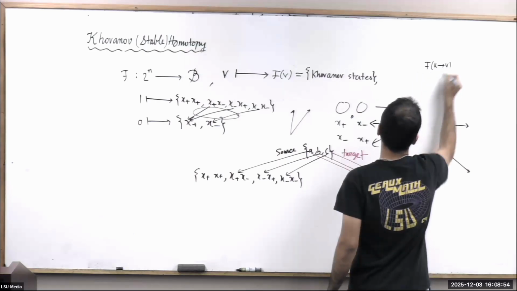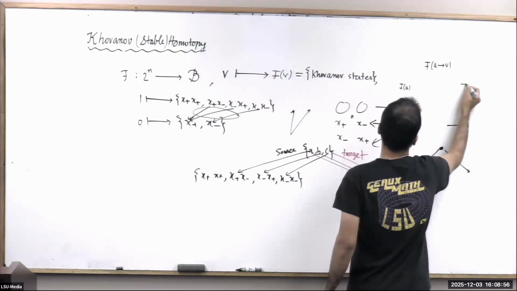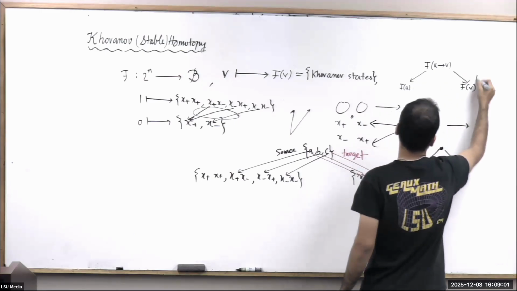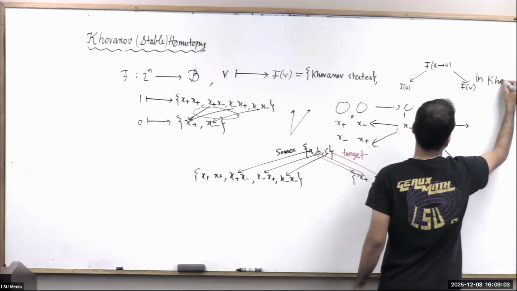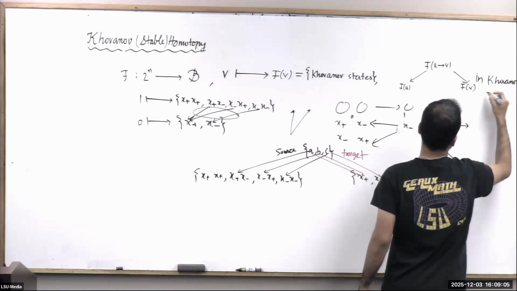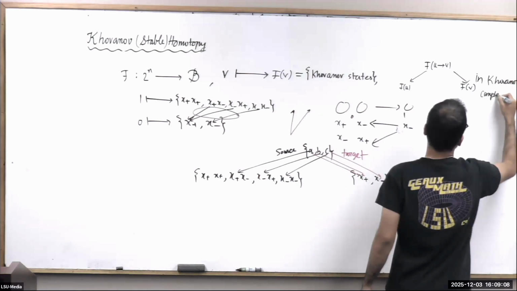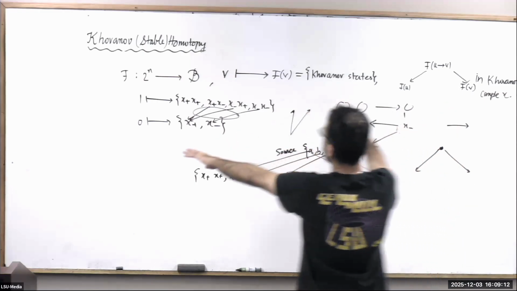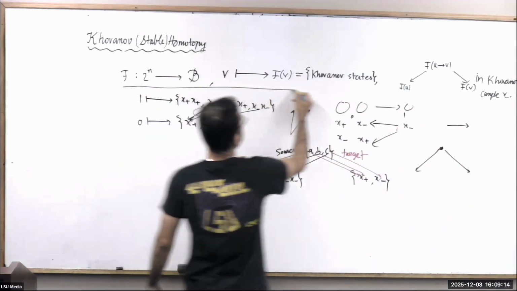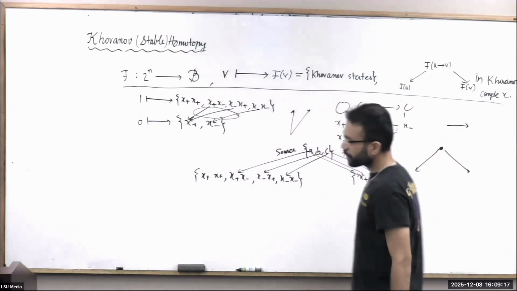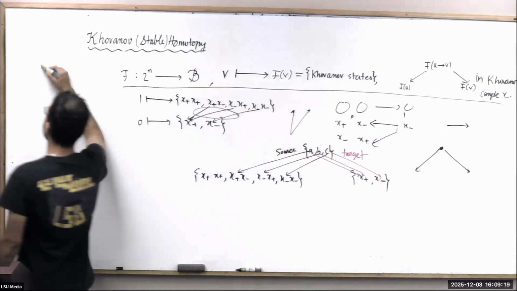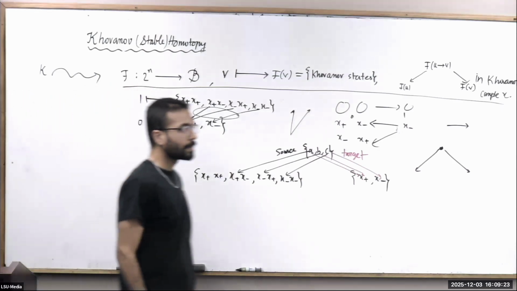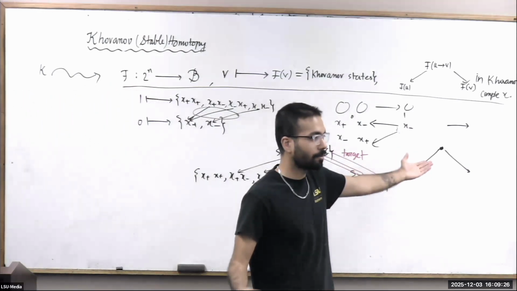F of U to V is F of U, F of V, dictated by the Khovanov complex. In the Khovanov complex, let me write this down. Given any knot, you can always get this information. If you take any knot as your input, you can get this information out just by writing down the Khovanov complex that we have been writing down.